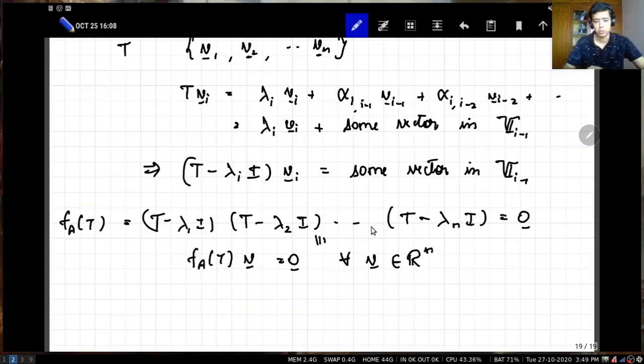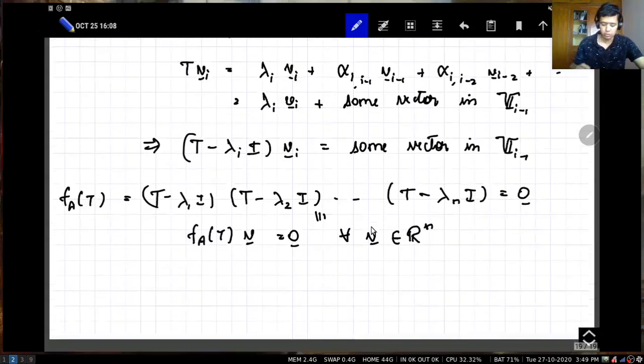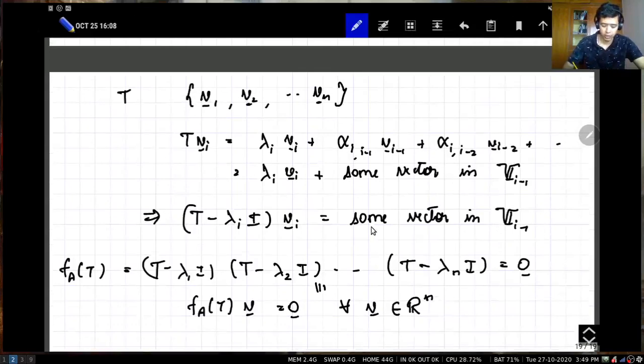So these two statements are equivalent, right? But in order to show this, it suffices to just show this for the basis vectors, right? So take any basis, so that for every basis vector fA of T times Vi equals 0. In particular, we'll show this for this particular flag basis over here, v1, v2, up to vn.